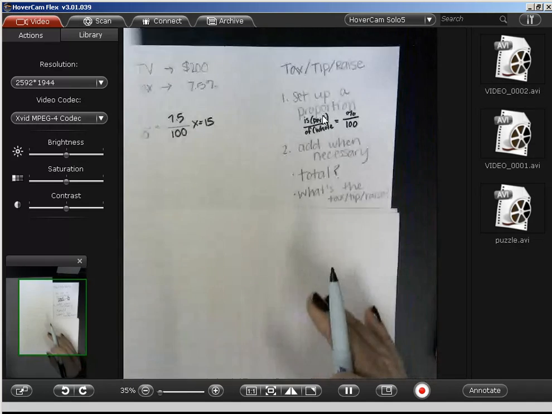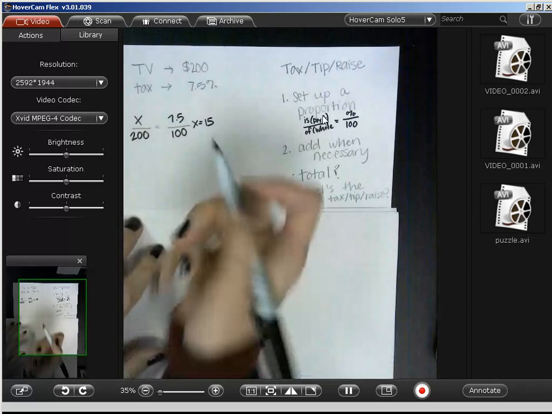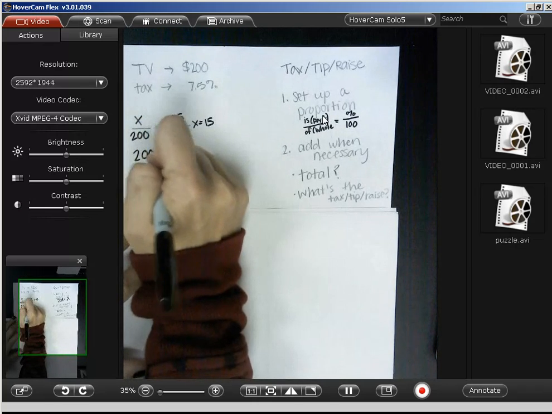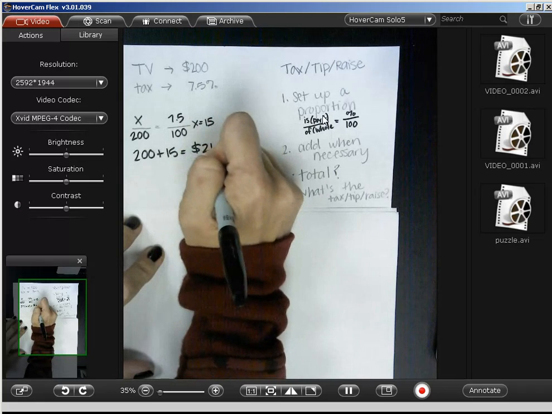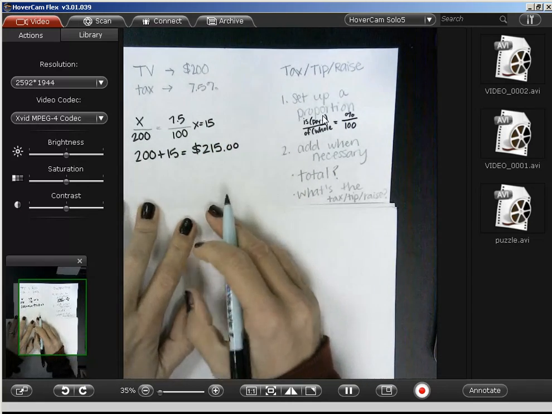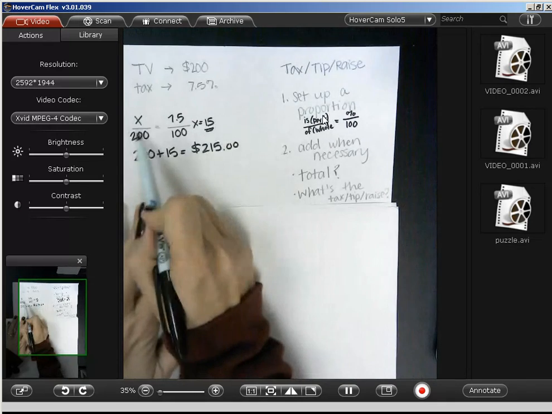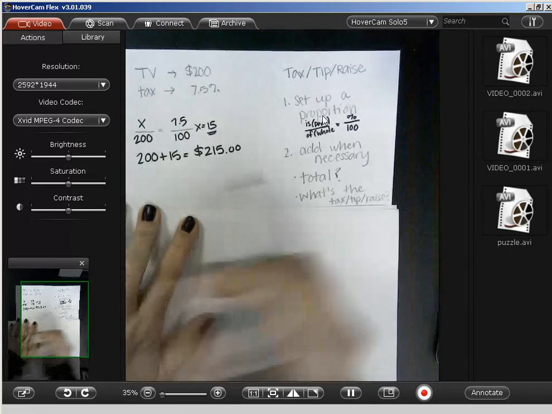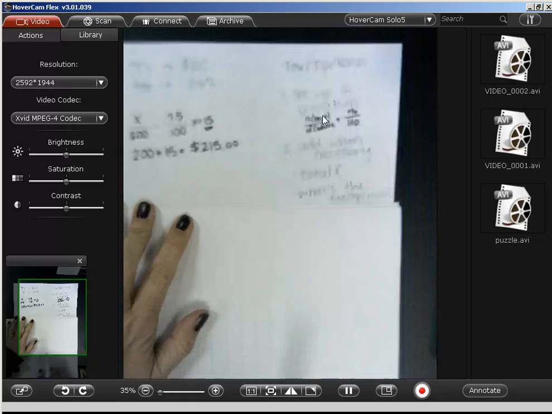So in this case, if I wanted to know how much the TV will cost with tax, you would add your tax amount to your total price. So 200 plus $15 gives you a grand total of $215. If all I wanted to know was the tax amount, that would be $15 because that's the tax amount on 200. So you set up a proportion, solve it, and then add when you need to.